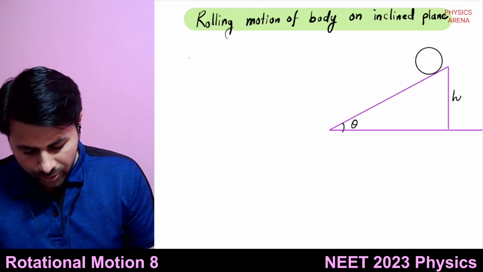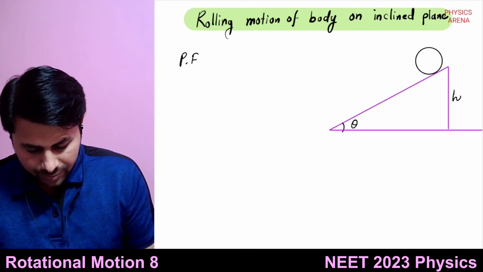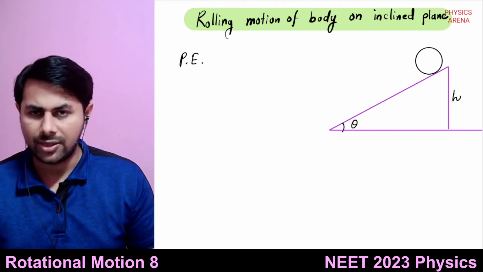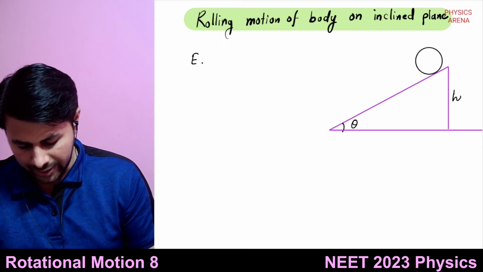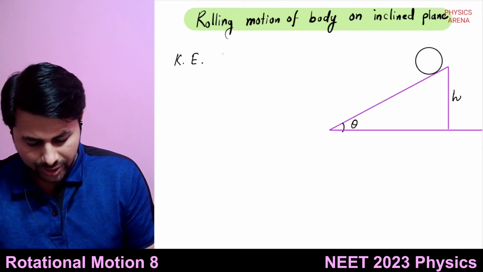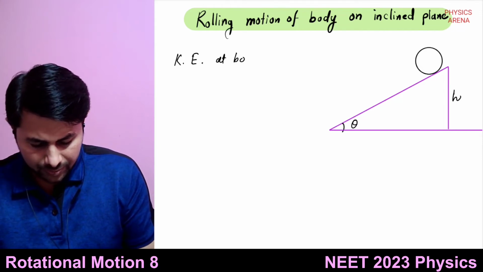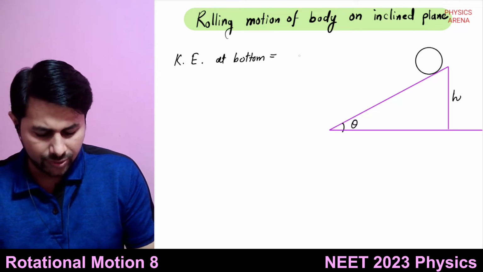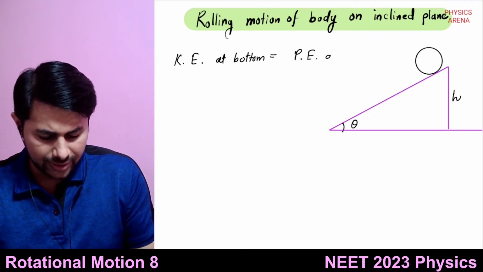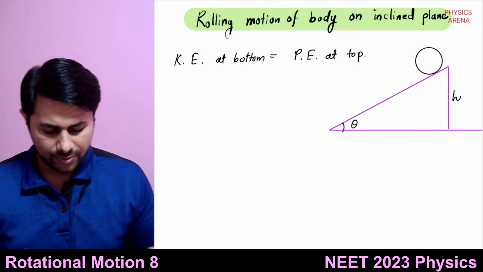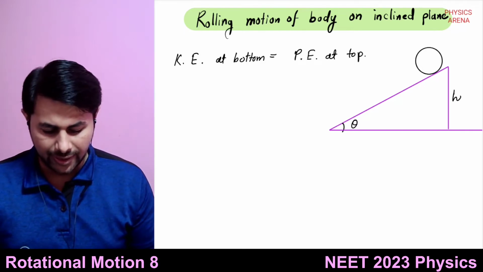So the kinetic energy of this body at the bottom is equal to the potential energy at the top. What is the kinetic energy?